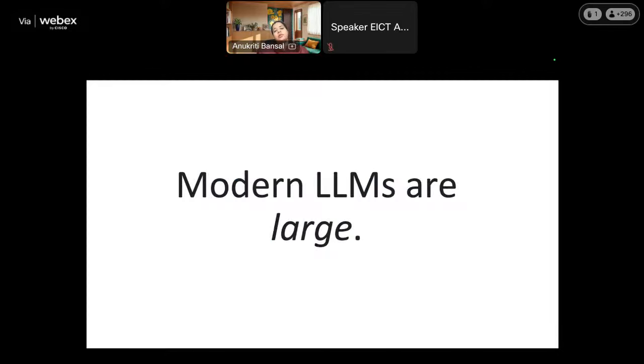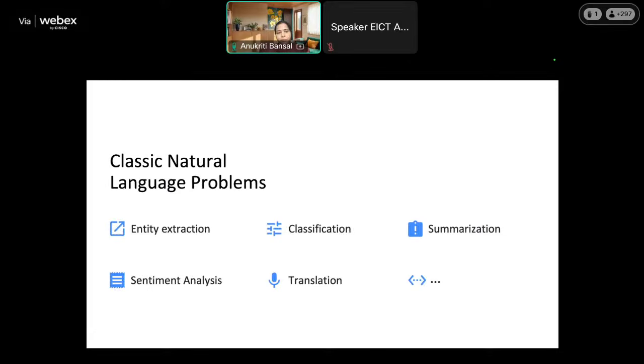If I talk about modern large language models, they are very large. They contain a very complex architecture, a very big neural network, and they have been trained on a large amount of data. If I talk about classic natural language problems, take entity extraction.